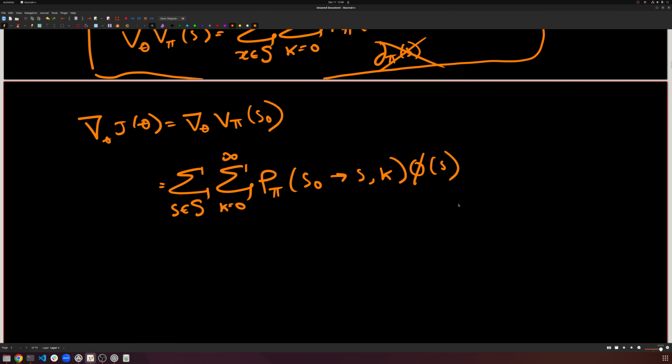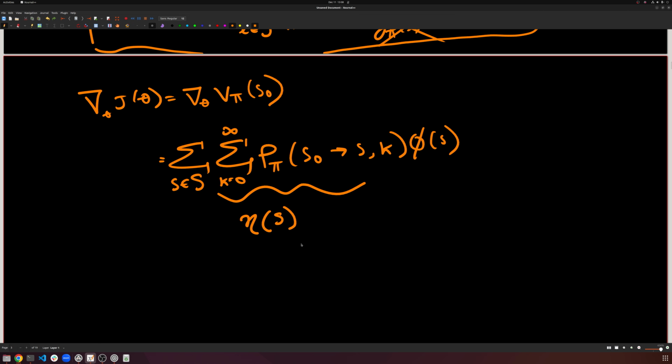As a shorthand, the book calls all of this stuff right here, I forgot what that symbol is called, but that's what they call it, just to make sure that when you look at the book, everything makes sense. So if that's the case, then we can simplify this one more time. This is really just the sum over s, an element of all the different states we could be in, times this, times our phi, and we're good to go.